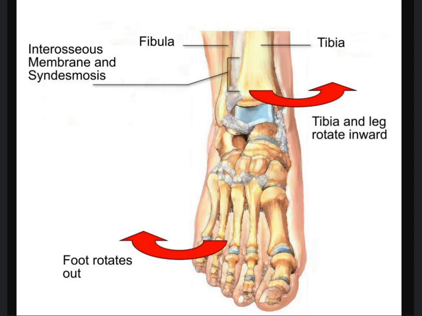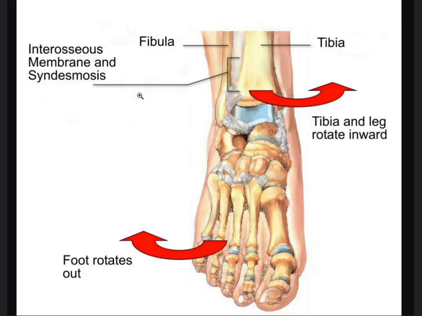And usually this is with the ankle in a little bit of a dorsiflexed position. They can have eversion of the ankle as well, which is the opposite of inversion, and that would push that talus against the distal fibula and affect more of this anterior tibiofibular ligament or syndesmotic area.